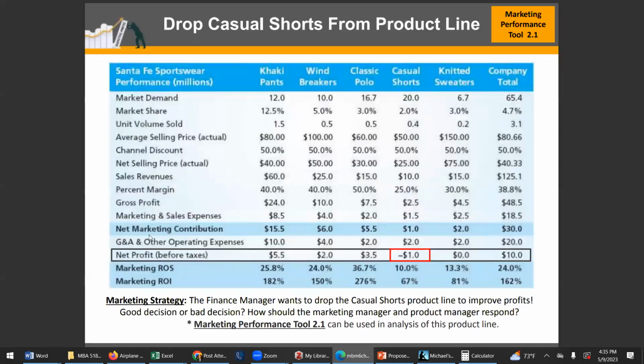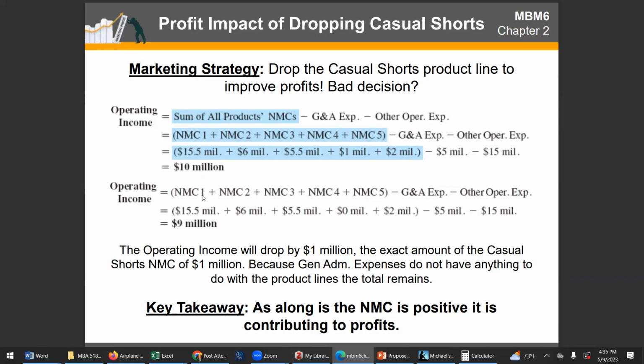Going back up one slide, we can see that casual shorts, while underwater on net profit before taxes, did add 1 million in net marketing contribution. Therefore, we need to keep that product line according to this analysis so that we can have 10 million in operating income instead of 9 million.